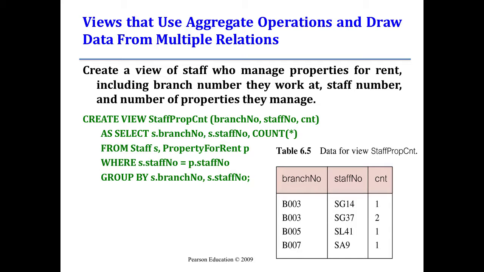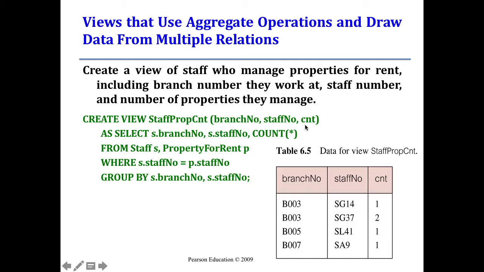So here we're creating a view that shows how many properties each staff member at each branch is managing, so a count. And again, now you're seeing a slightly different thing. Notice this was missing before, this comma-separated list in parentheses. This is naming the columns in the view.